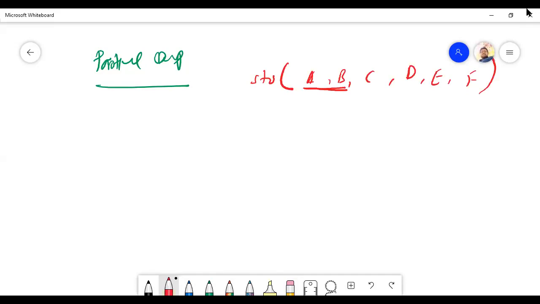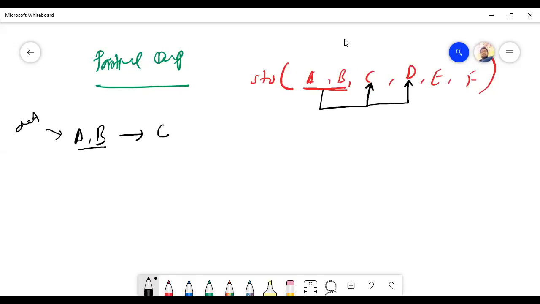Okay. Now, I'm going to write A, B, C. So here, this is determinant. So C is dependent.